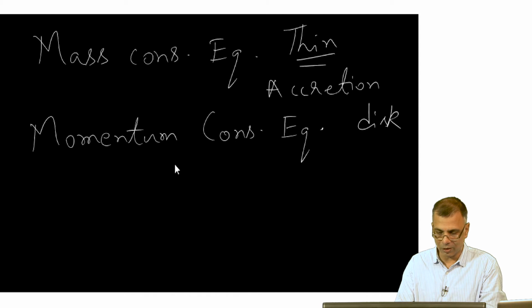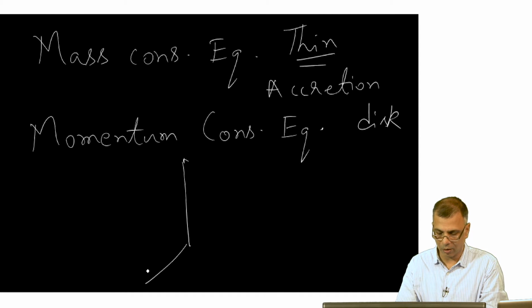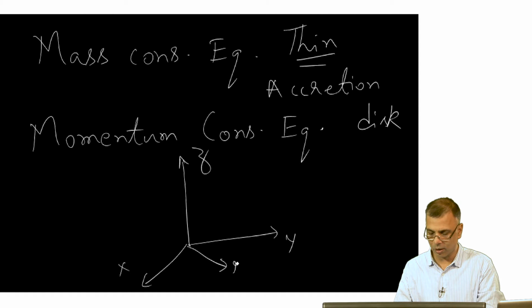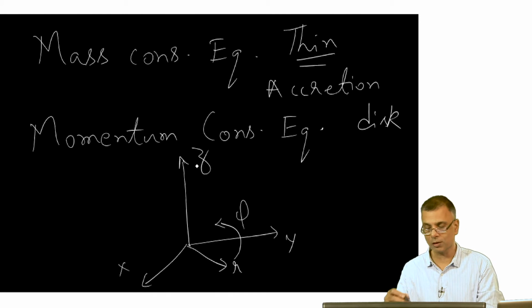A cylindrical coordinate system would be one where, for instance, you had the standard Cartesian axes x, y, and z like this. And a cylindrical coordinate system would be one where you would have an r coordinate lying in the xy plane, and a phi coordinate which would be like this, and a z coordinate which is just along the z axis.